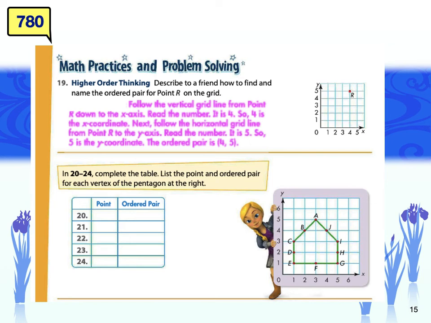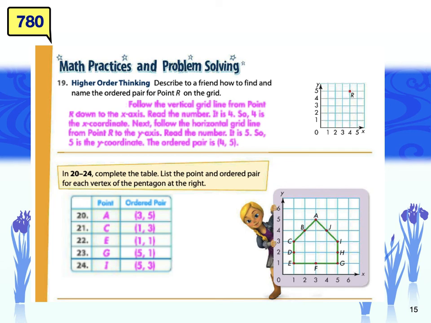So first is A is at point 3, 5. Point C, the ordered pair is 1, 3. Point E, the ordered pair is 1, 1. Point G, the ordered pair is 5, 1. And I, 5, 3.